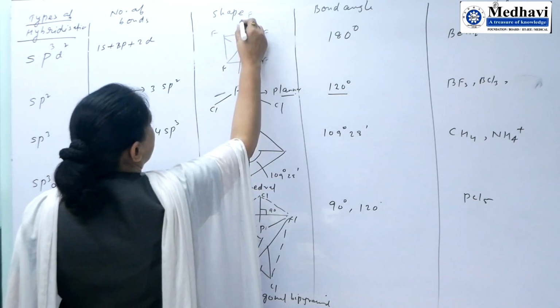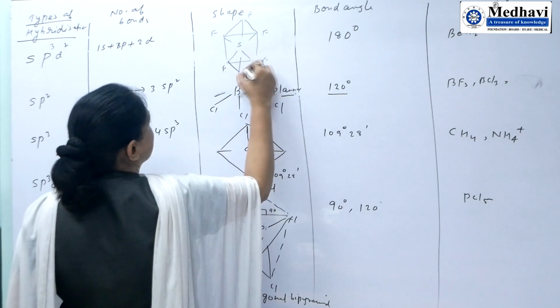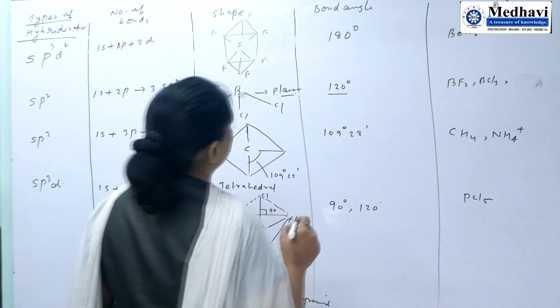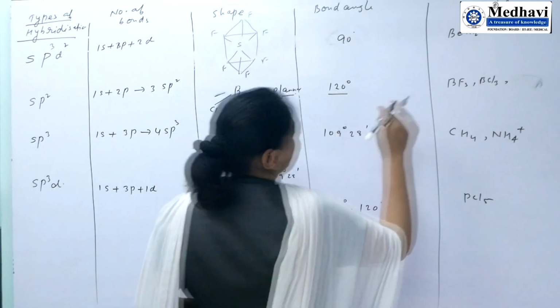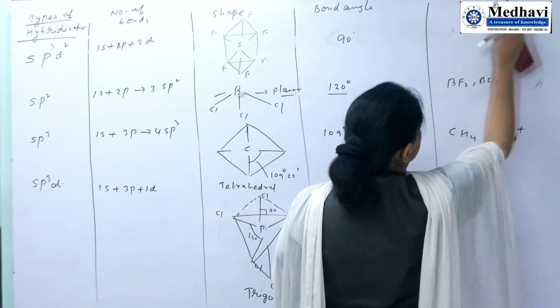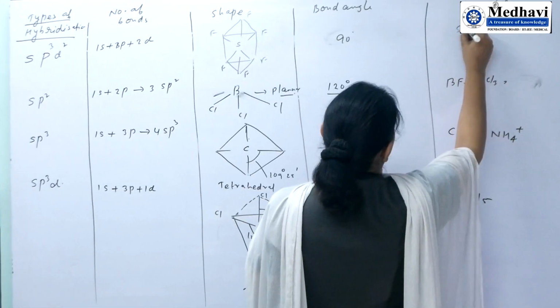Its shape is octahedral. Bond angle 90 degrees. It is SF6, sulfur hexafluoride.